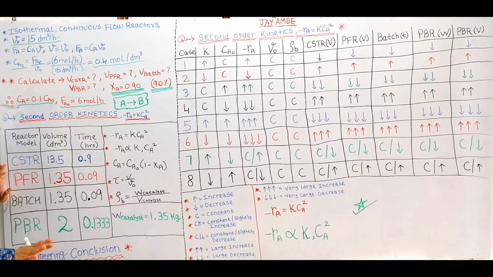But in today's lecture, in order to make you understand in a very simplified way, by observing the entire engineering calculations from all these different reactor models, we will try to select PFR as the reactor model, right?